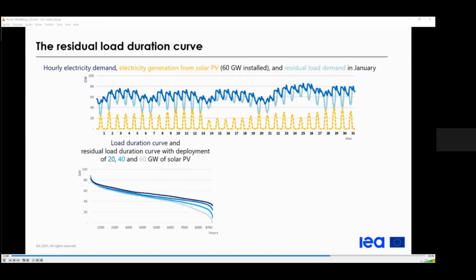And depending on the penetration of solar PV, you can see different impact, the biggest impact being the one with 60 gigawatts of solar PV.